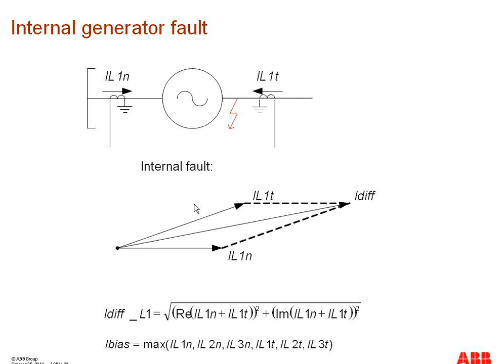Then in that case, the I differential would be the vectorial sum of this current as well as the neutral side current, whereas the bias current would be the maximum of any phase current. In case of the internal faults, the ratio between the differential and bias current would be greater than 1, and that would be an indication of the internal differential fault.